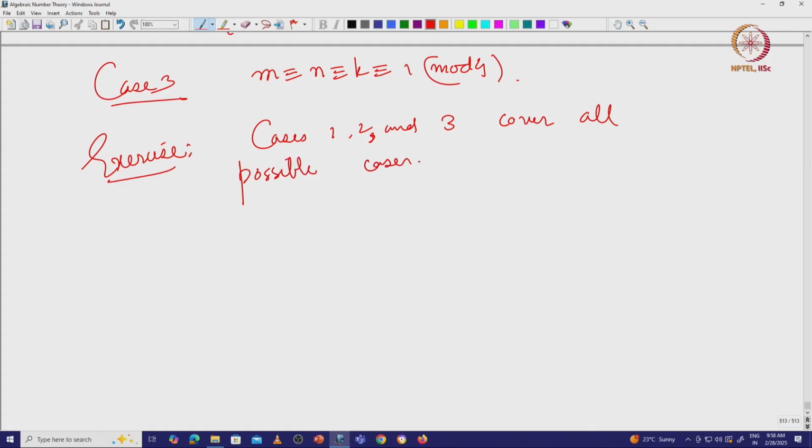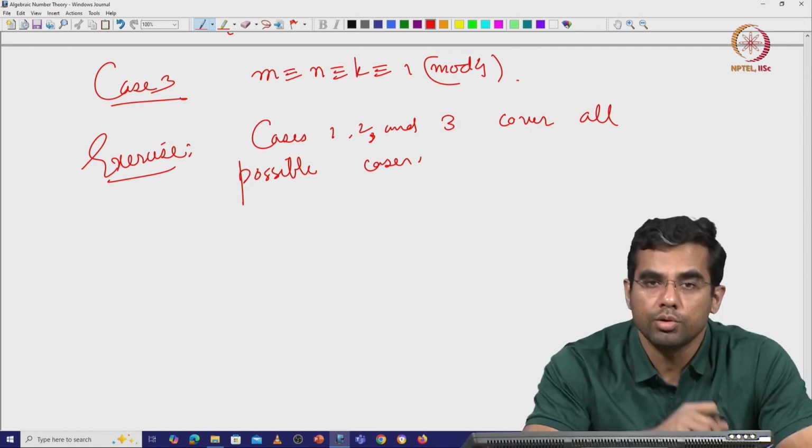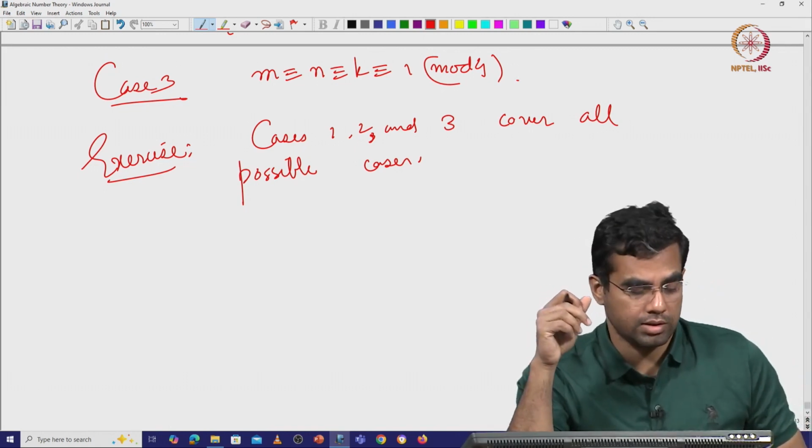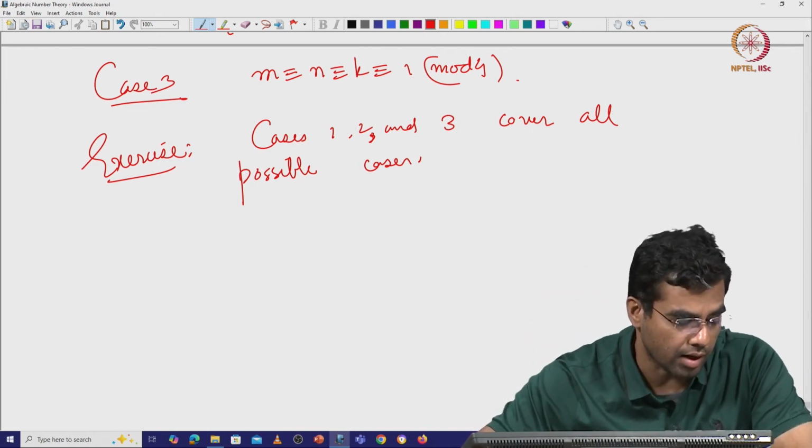As I said, you can't have any combination for m, n and k. There is some relation between them, and so you can show that by permuting m, n and k around, these cover all the cases that there are.